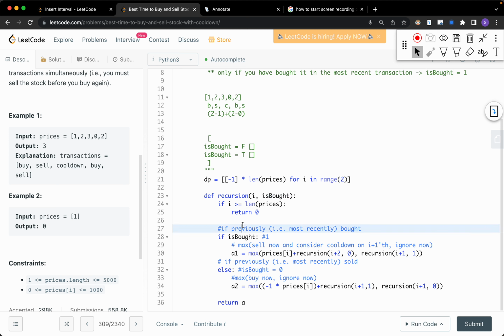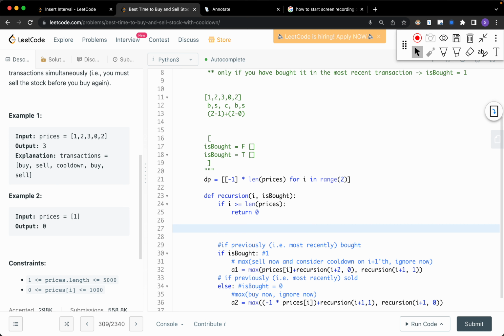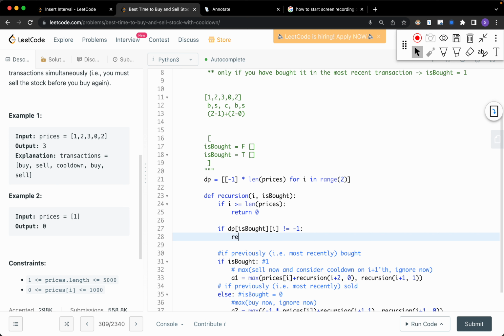Before this step, to avoid the overlapping subproblem case, like to avoid more and more computation of the same subproblem, what I'll try to do is, if dp of isBot and i is not equal to -1, so if you have already computed the value, then I would return dp of isBot and i.